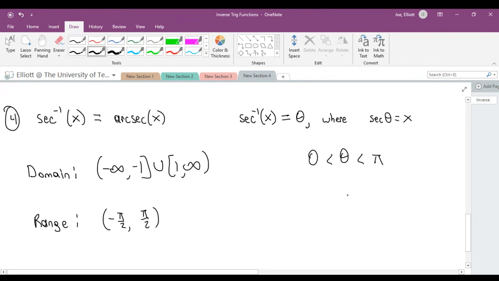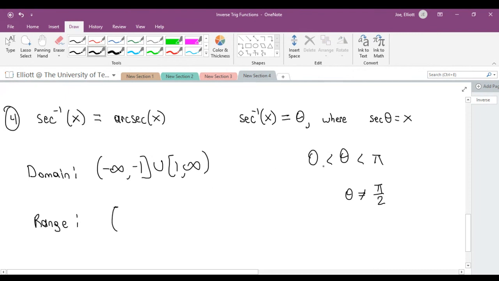And then I suppose because secant has a vertical asymptote at pi over 2, we have to remove pi over 2 from that interval, okay? So then actually the range, which I got wrong, is going to be between 0 and pi now.